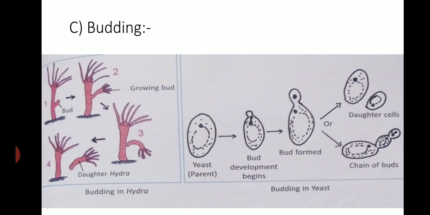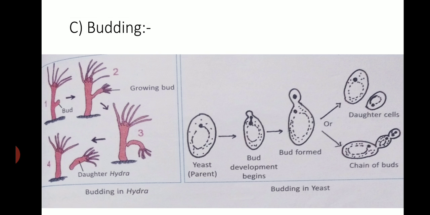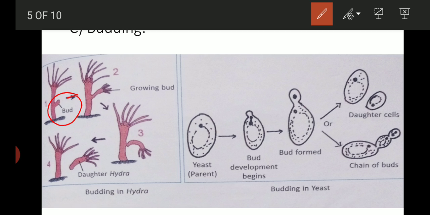The next one is budding. It is the formation of a new individual from a small protuberance, which is also known as a bud or an outgrowth, arising on the parent body, and this process is known as budding. This is a bud on hydra. It generally takes place in hydra and in yeast.